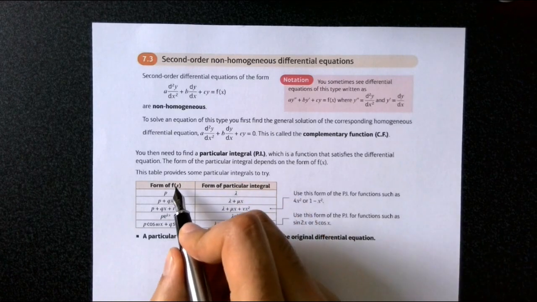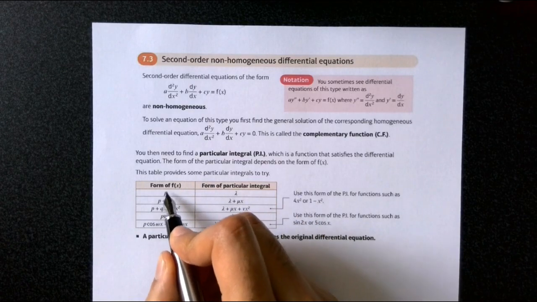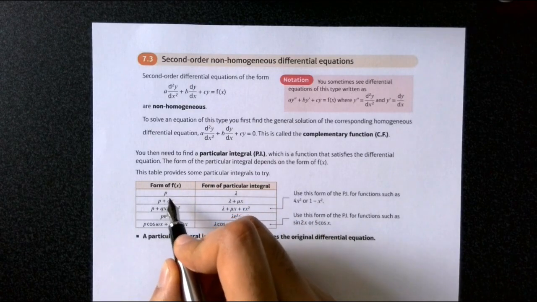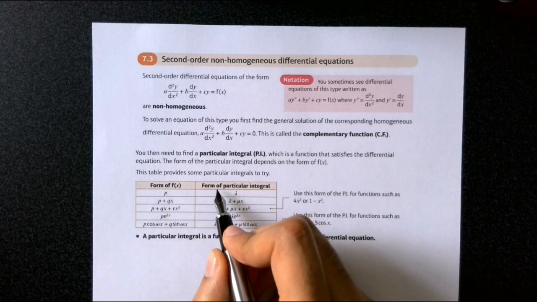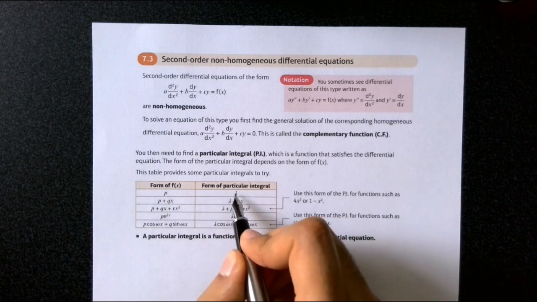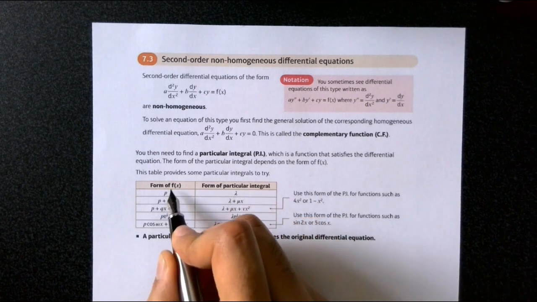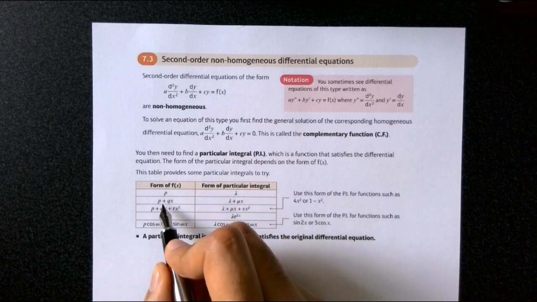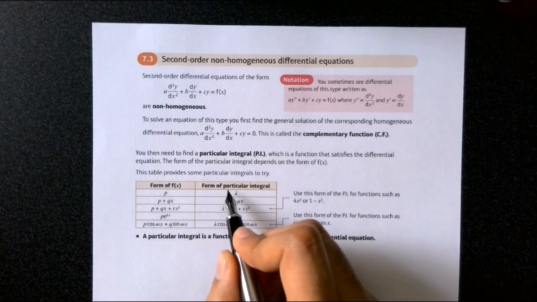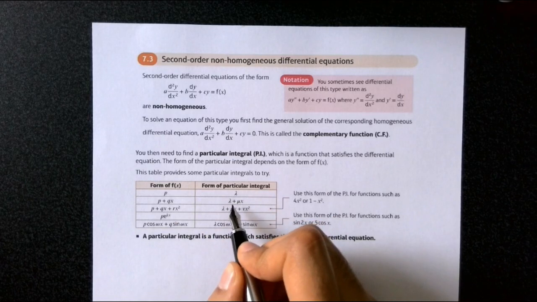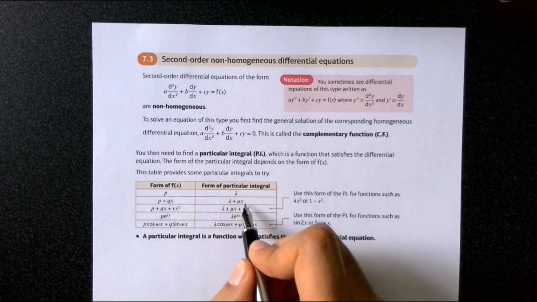So, if f of x is of the form p, then our particular integral is of the form lambda. If f of x is of the form p plus qx, our particular integral is of the form lambda plus mu x.